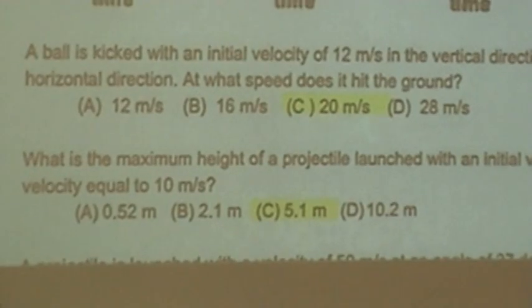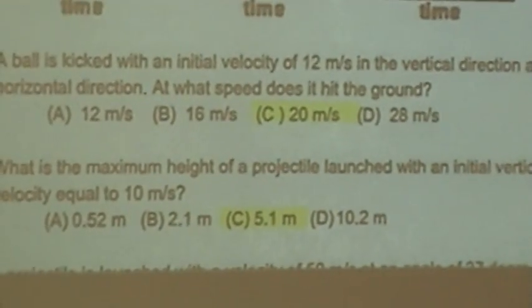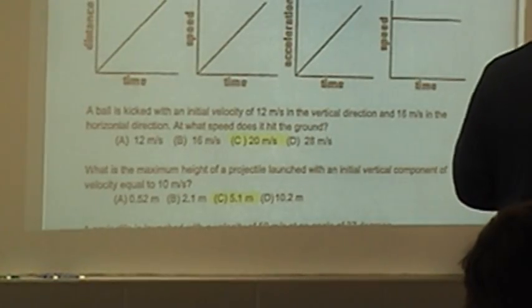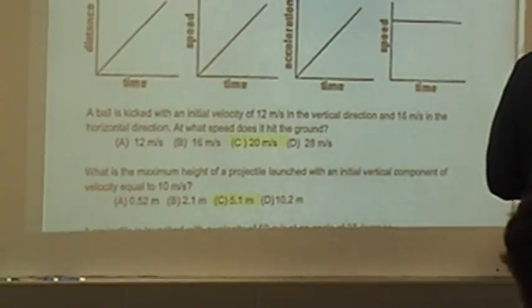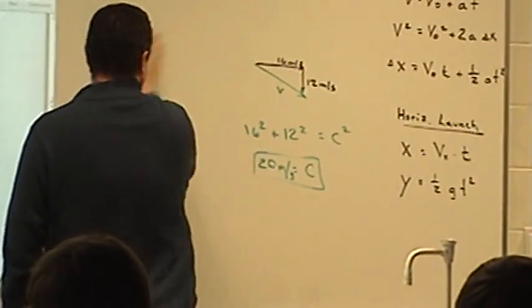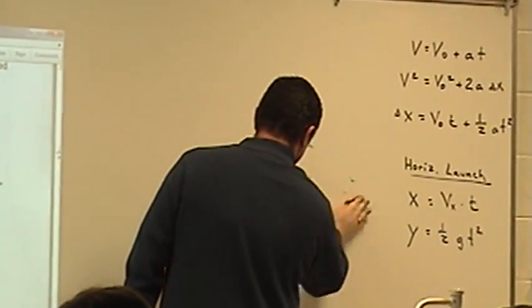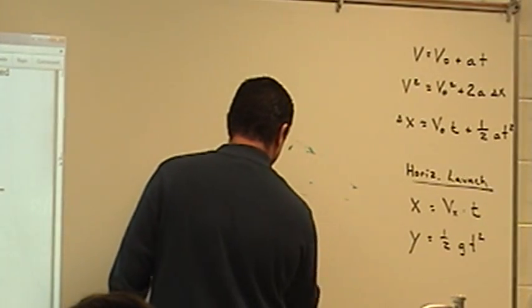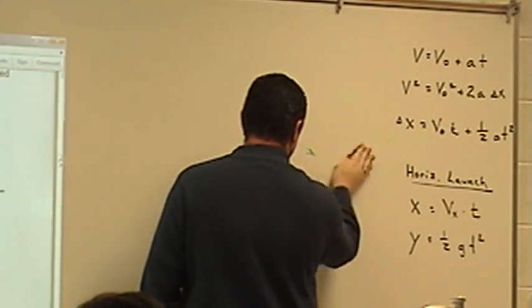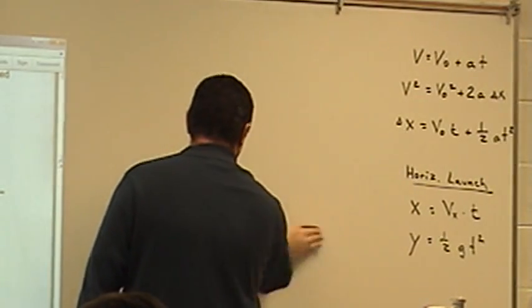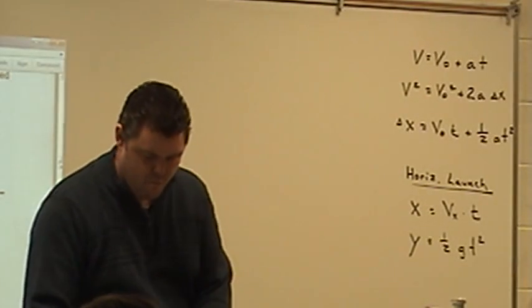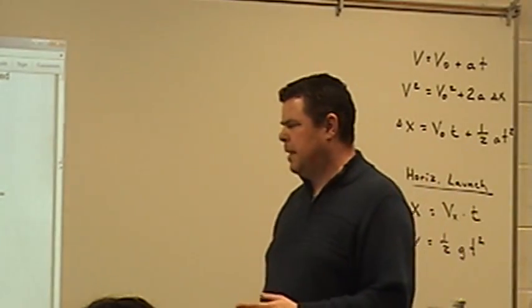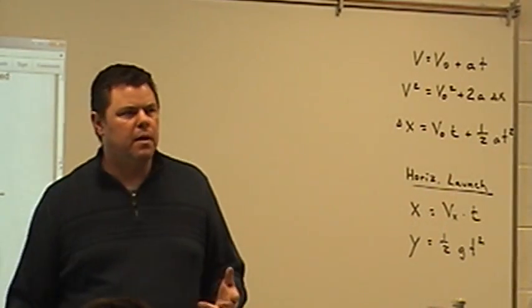So the vertical component is 10 meters per second. The maximum height. If you're just looking at the path up, a couple ways you can do this.